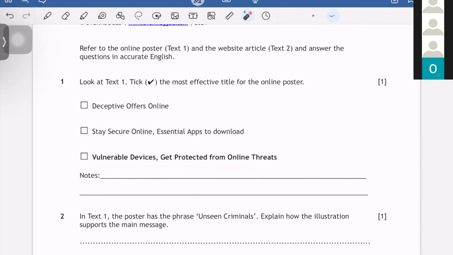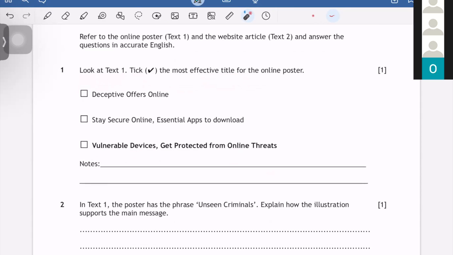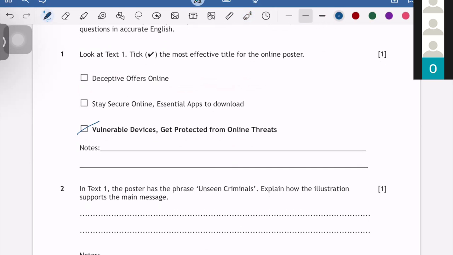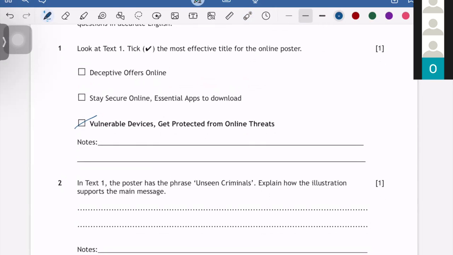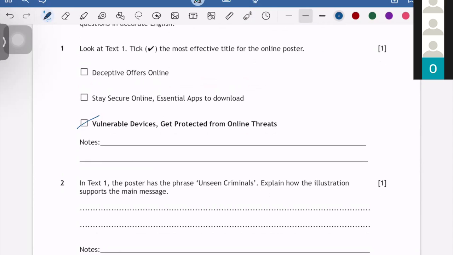So first question, look at text 1, tick the most effective title for the online poster. In this case, the answer is the third. Vulnerable devices get protected from online threats. So why is this the answer? Because the answer focuses on your heading.